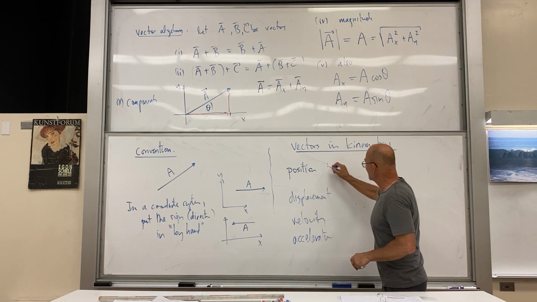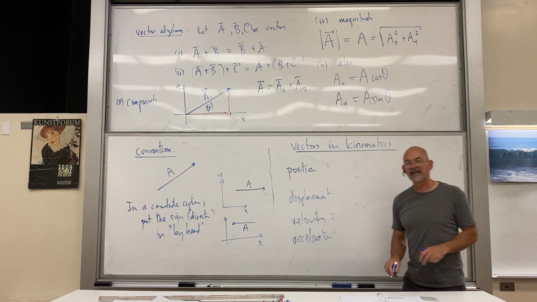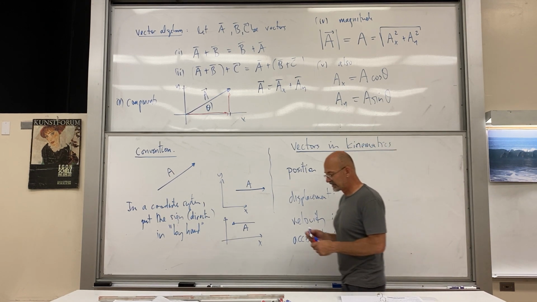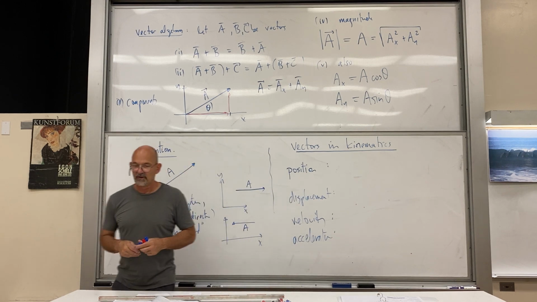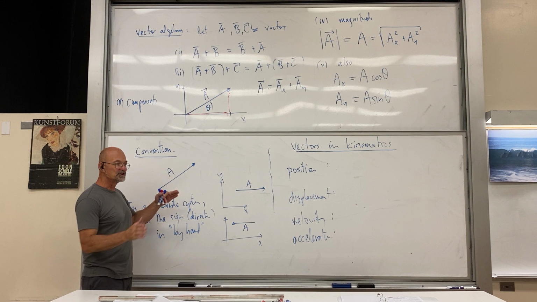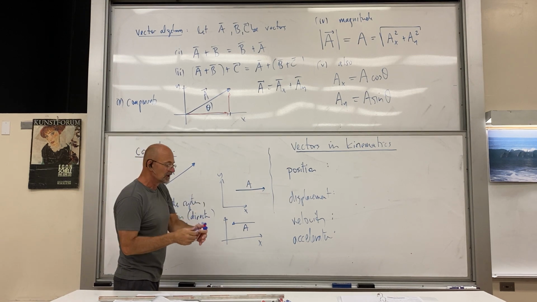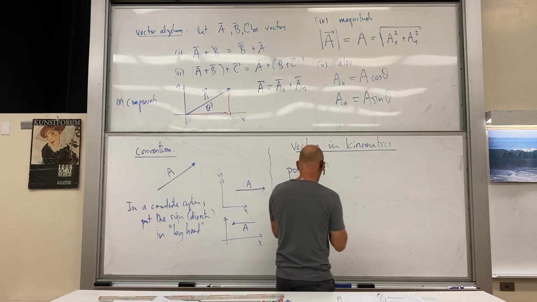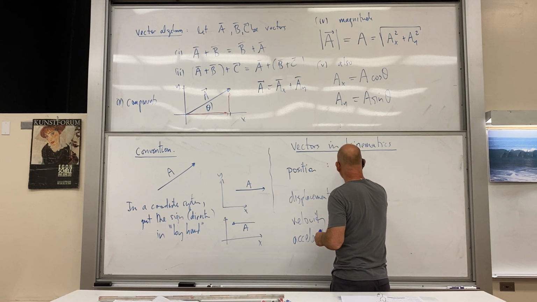Well, position is clearly a vector, because if I want to give a position in this room somewhere and I have an origin, I have to point to that position. So position is a vector and it gets the letter R very often.